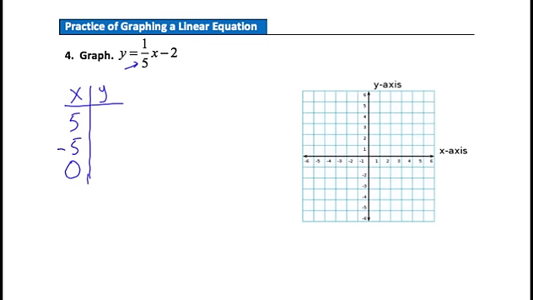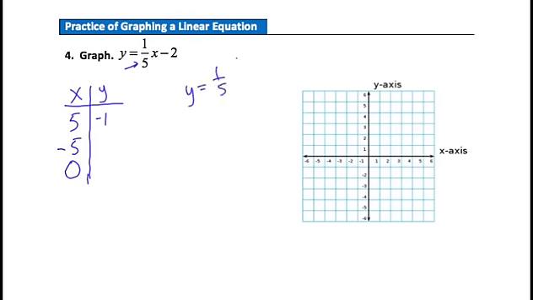Let's go ahead and find these out now. So the first one, when I put a positive 5 in there, I'd have 1/5 times 5/1 minus 2. So the 5s are going to divide out nicely for us. Remember, there's a 1 left over every time I divide that out. So I'd have 1 minus 2, or y is just going to be negative 1 for that value. Let's see, 1/5.